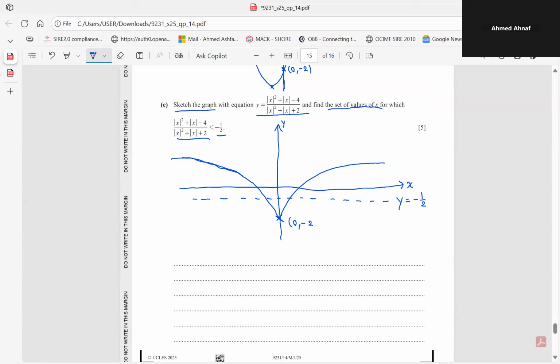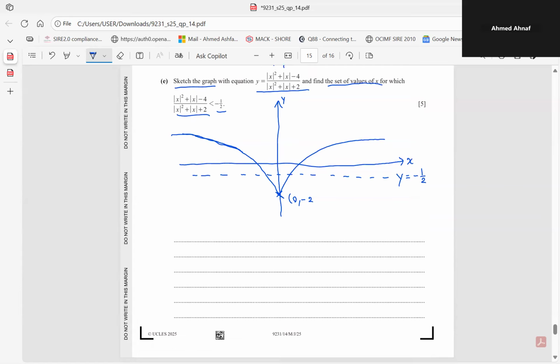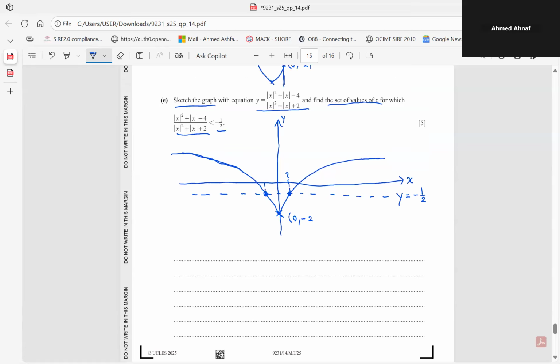To find the points, we have to find these two critical points first. So to find the values of x, we find this value first, and then this value would just be this value times negative 1. So let's find that value first.